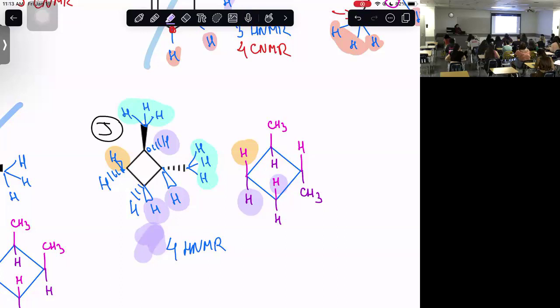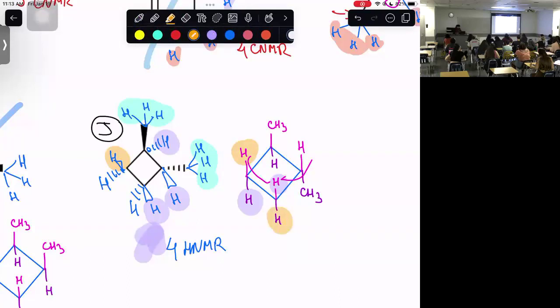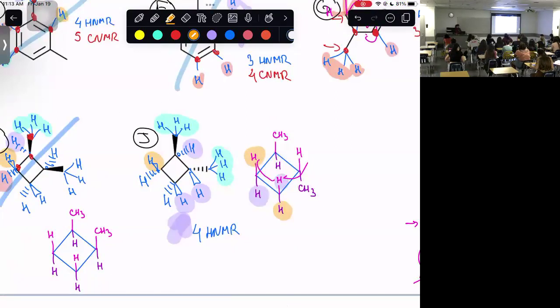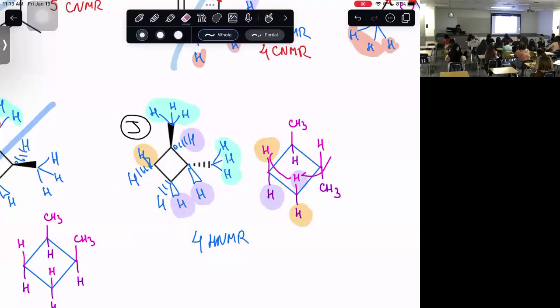It's actually going to be the same as your purple hydrogen, because this one is next to 1 and 2 hydrogens. The one at the bottom, the one that has the same environment as the orange one, is next to 1 methyl group and 1 hydrogen. Okay, questions on that? Yes. So let's just see this guy.